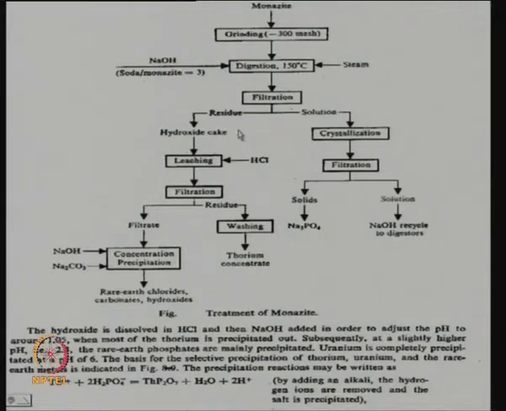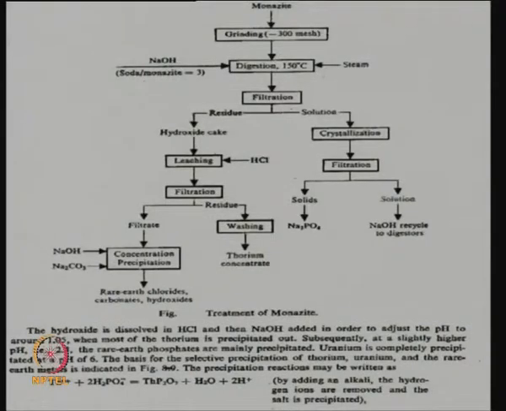Then it will go through grinding. We do not need crushing, because beach sands are already small particle size, but we need grinding to take it to -300 mesh. When you are going for alkali leaching, actually you need finer particles, because as I said, alkali is not as strong a reagent as acid in terms of leaching.